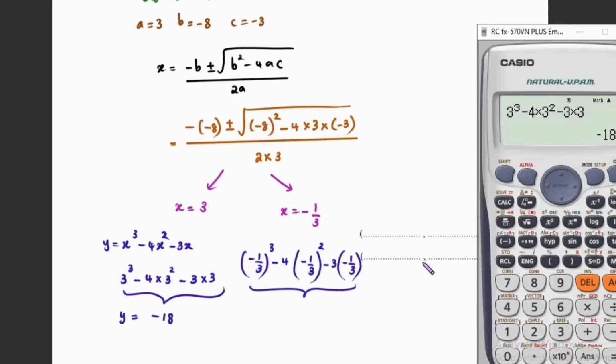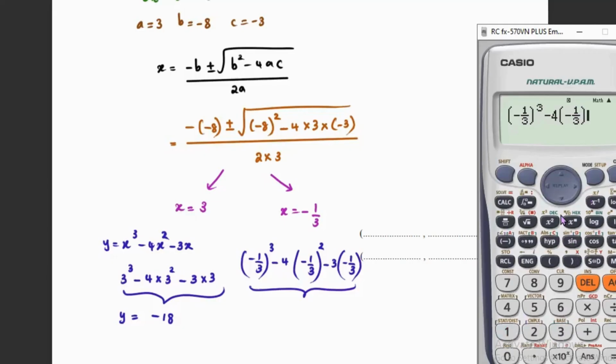And then the next value that I have is minus 1/3. I need to cube this, so I'm going to cube it. And then I need to deduct 4 times minus, and I have the fraction here, 1/3.